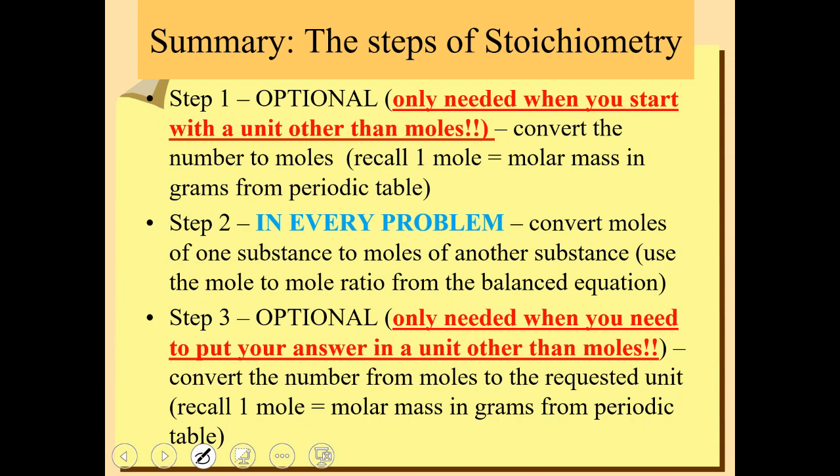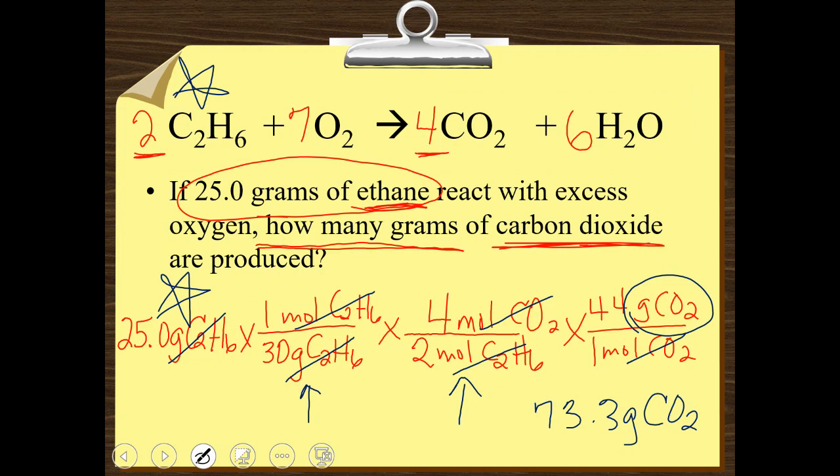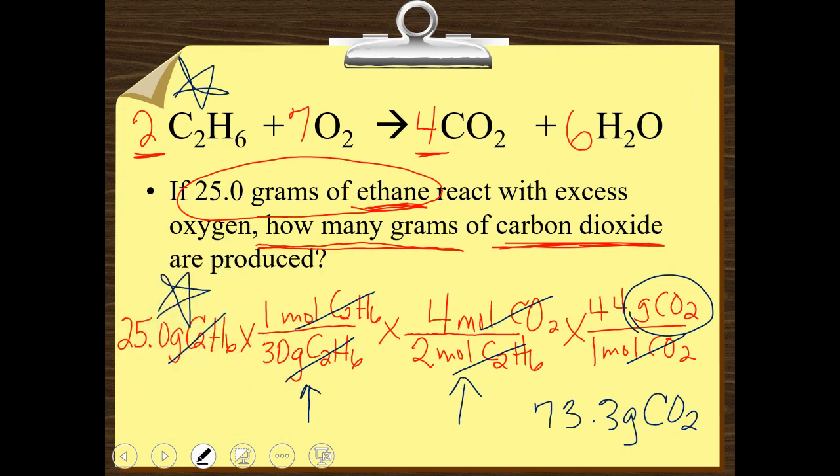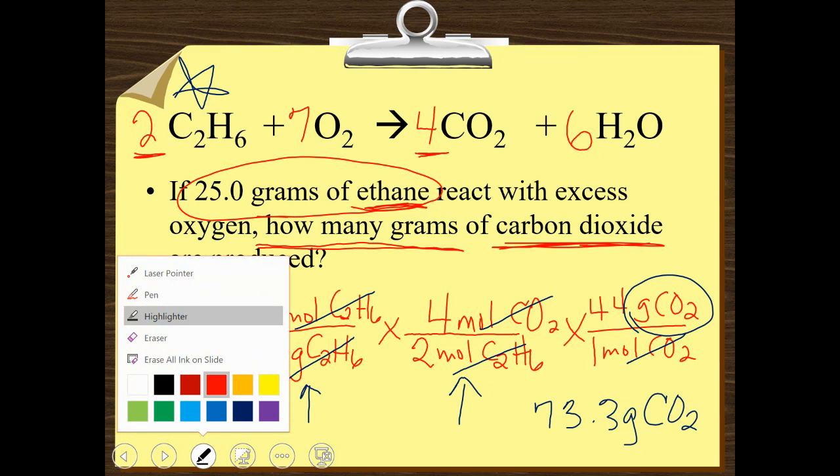Now, before you go and do your last worksheet, I want you to see there's 3 steps to the stoichiometry. Did you notice that this step 2 was in every single problem? If you look back to what we have done, and I just need a highlighter, a red highlighter that'll show up.